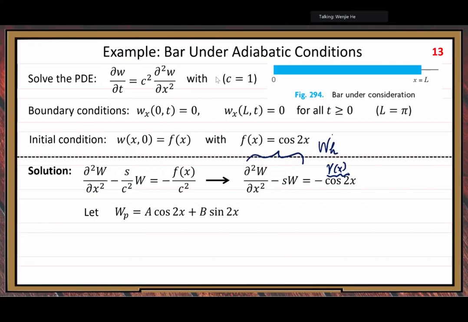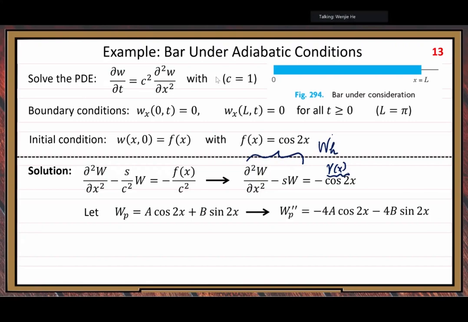But we need to find W_P first. W_P has a constant A and a constant B to be determined, and we need both the cosine part and the sine part. That is by the choice rule, rule A, the basic rule.